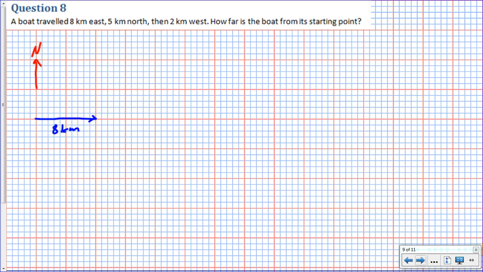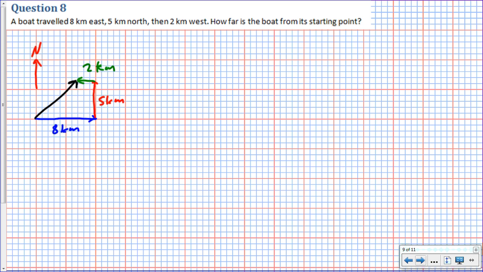So 5 kilometres, about there on my diagram. 5 kilometres north. And finally it decides to travel 2 kilometres east. That's 2 kilometres. And we're asked to find how far away he is from the starting point.